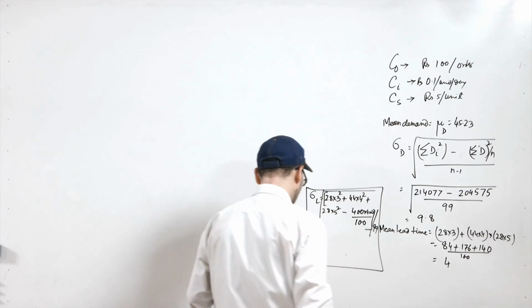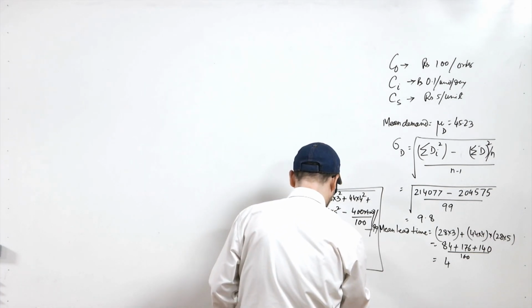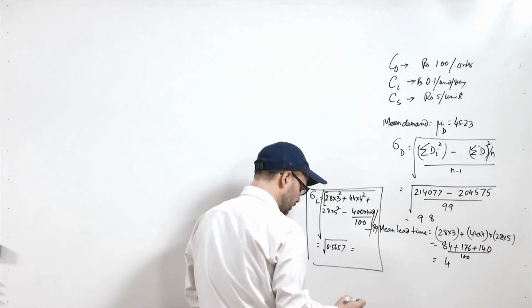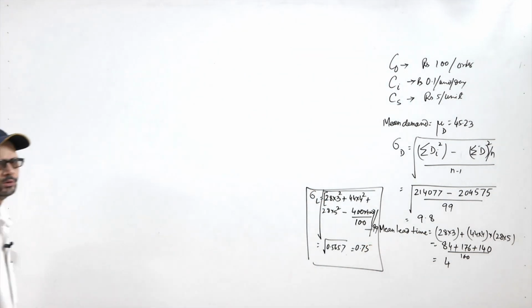This value, if you calculate, comes out to be under root of 0.5657, and that is 0.75. So, this calculation you can do from the available data.